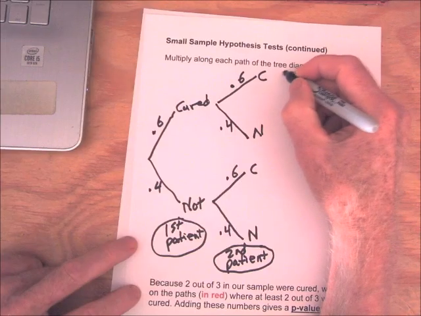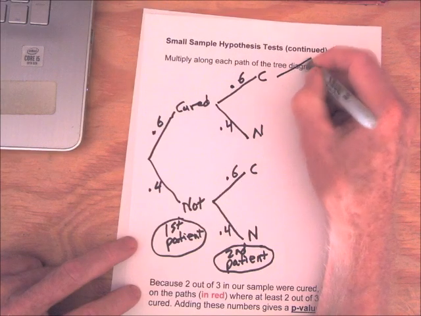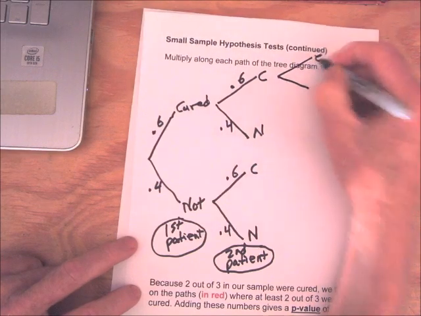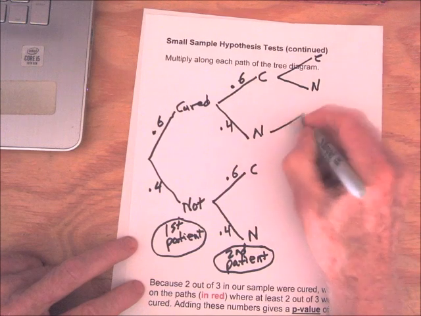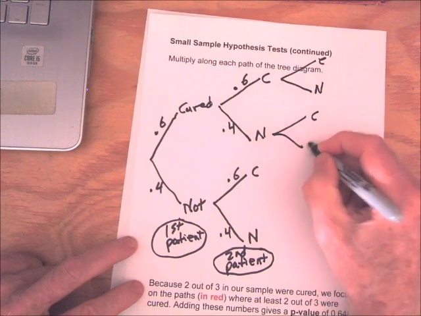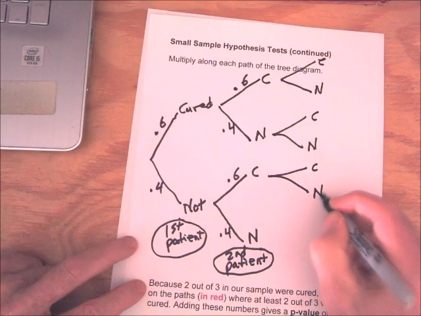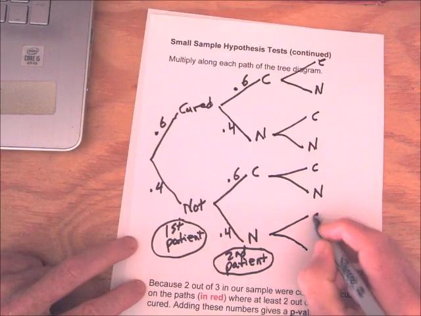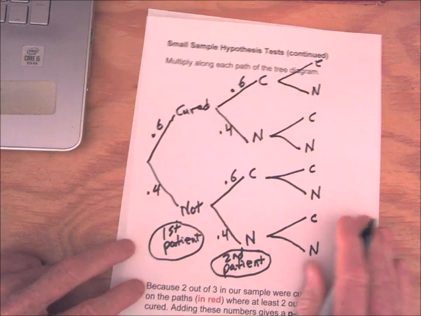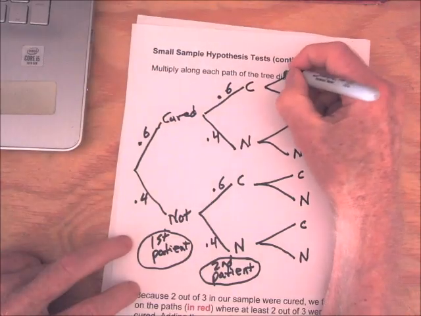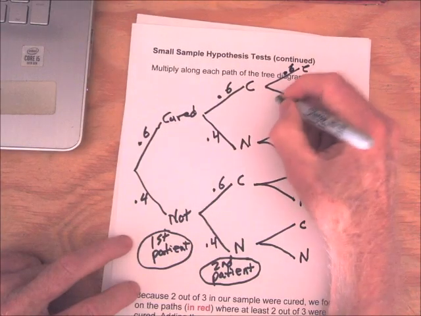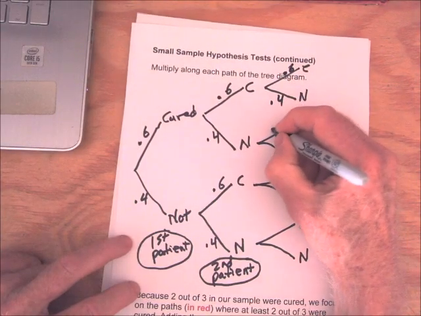And then the third patient is also either cured or not. If H0 is true, they have a 0.6 chance of being cured and a 0.4 chance of not being cured.